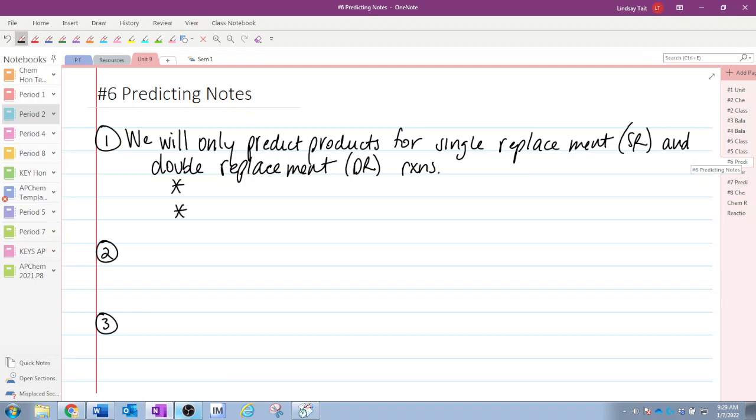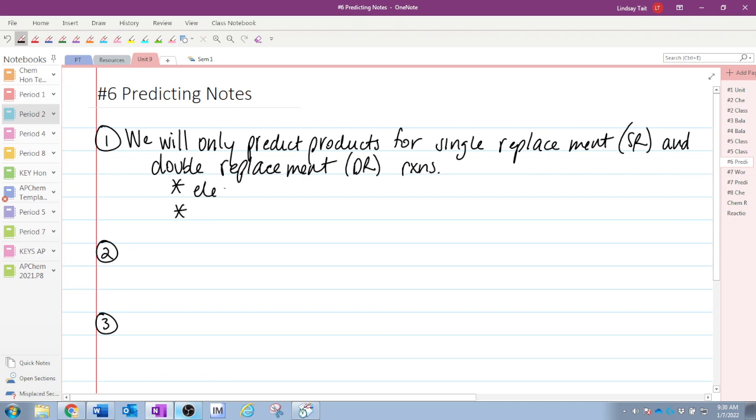So for this number 1 here, if you have to classify a reaction where I don't give you the products, you can already eliminate some of your choices because I've told you your only options will be single or double replacement. You will never predict products for the other 3. Okay?